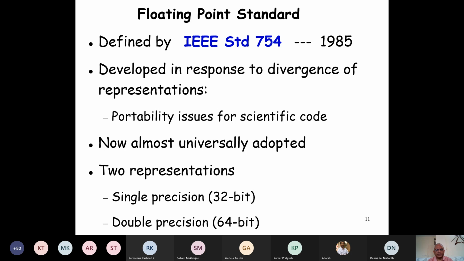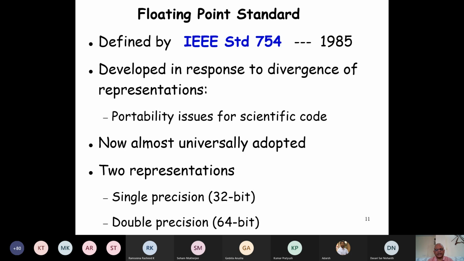The standard was formulated, and now it is universally accepted in all computer representations. Very nice. So whatever number you store in whichever computer, another computer can access it. This is one case where standardization has succeeded 100%.